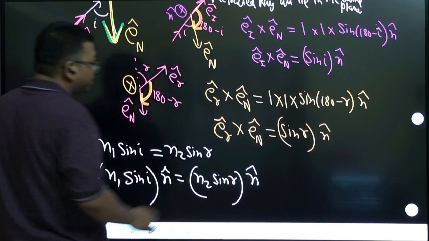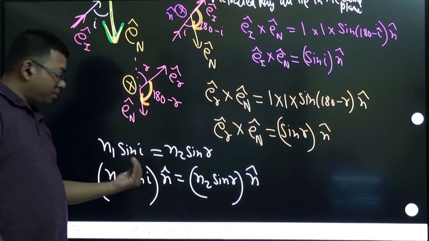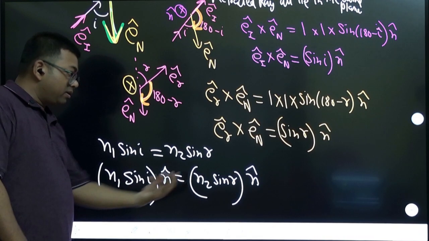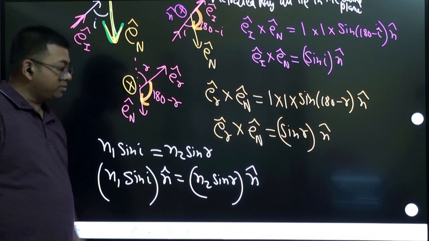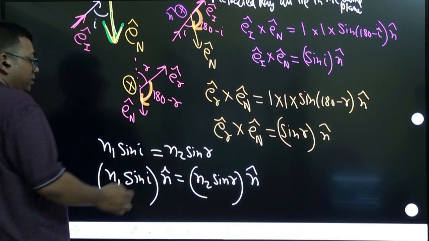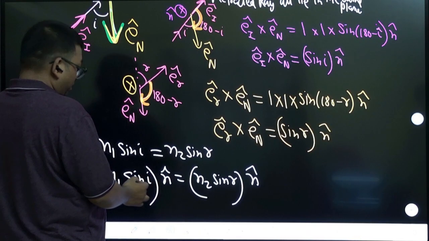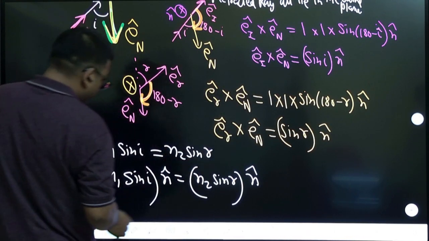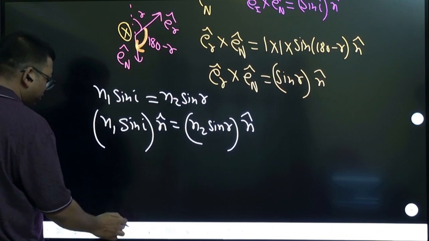These quantities are the same, so it doesn't matter. But here sine I n cap we can write as Ei cross En. That is the law.